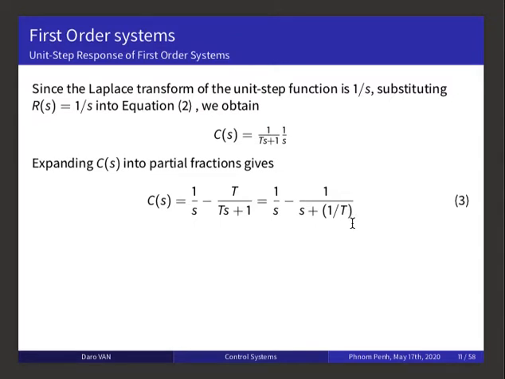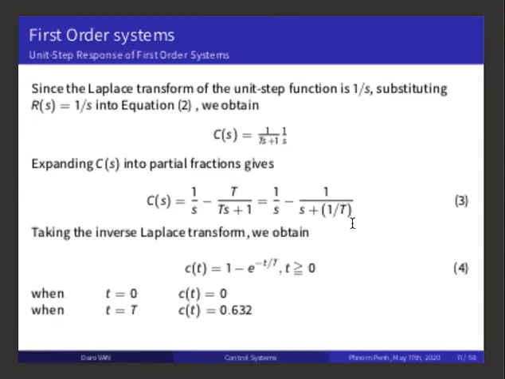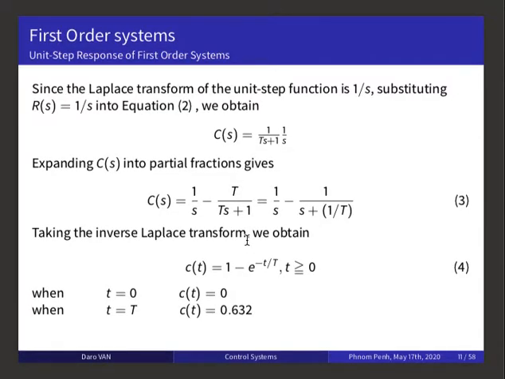Then you can take the inverse Laplace transform and transform from the S domain to the T domain. So Ct can be found like this, where t is larger than or equal to 0. If you substitute t equal to 0 into Ct, then Ct will just be 0, because this term will go to 1, and 1 minus 1 equals 0.